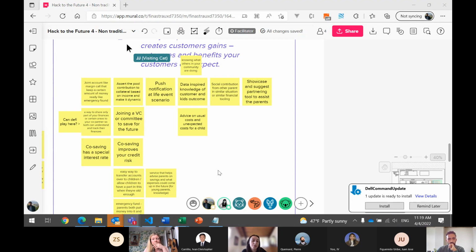Co-saving has a special interest rate. I think that's a great incentive and something interesting. It's interesting because I see many of the post-its talk about accounts, like joint accounts, but with different features. So just by adding some features to some accounts can create the right incentives.